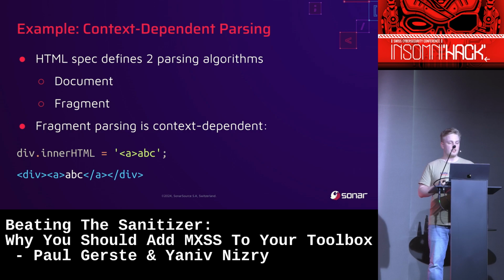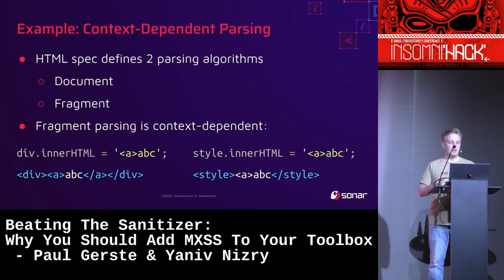And of course, this has to be context dependent because, as we just saw, inside of different elements, things get parsed differently. So this fragment parsing algorithm has to know where the result will end up. If we use the innerHTML attribute to let the browser parse some HTML on a div tag, then we can see everything is parsed normally, with normal HTML child elements being inserted into the div tag.